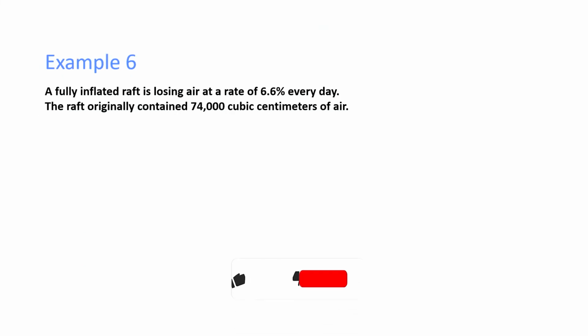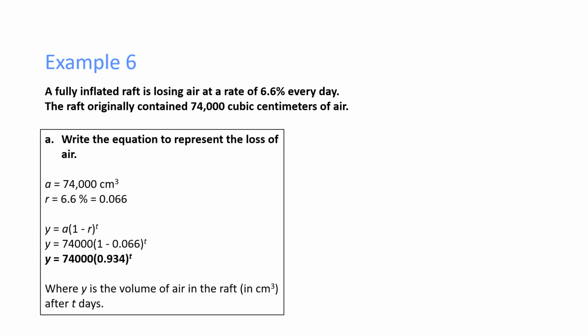Using an example, let's take a look at how the formula for exponential decay operates. A fully inflated raft is losing air at a rate of 6.6% every day. The raft originally contained 74,000 cubic centimeters of air. Part A, write the equation to represent the loss of air.